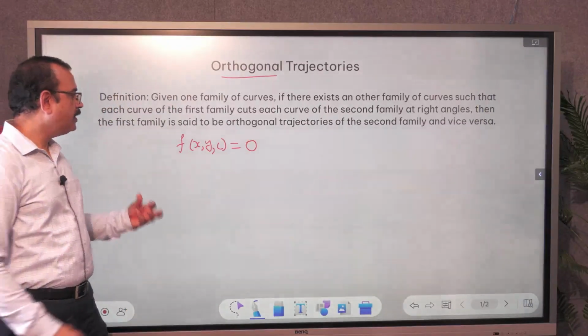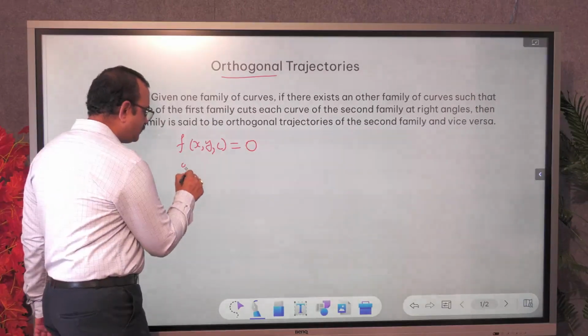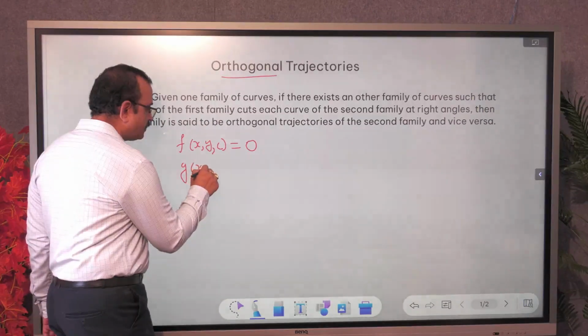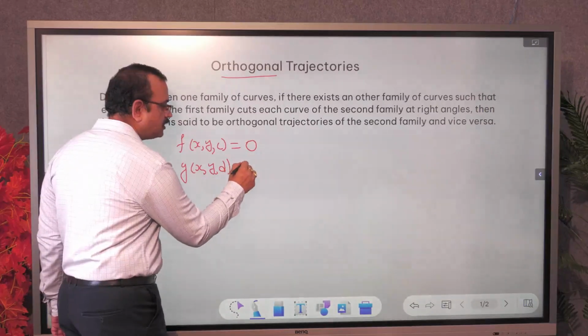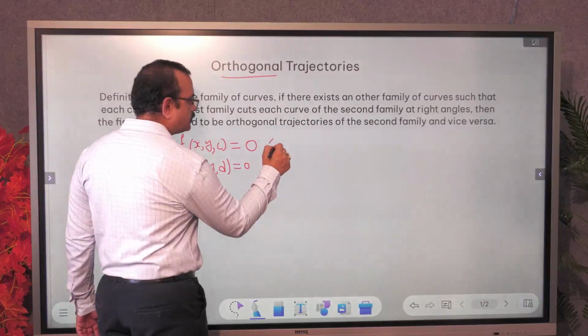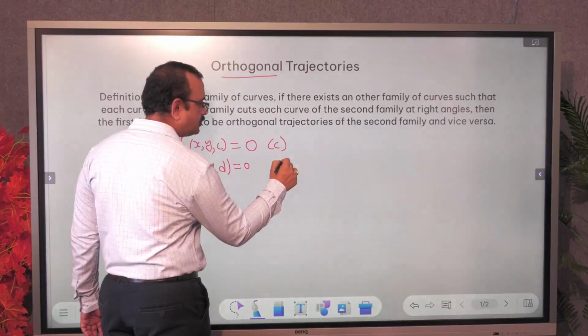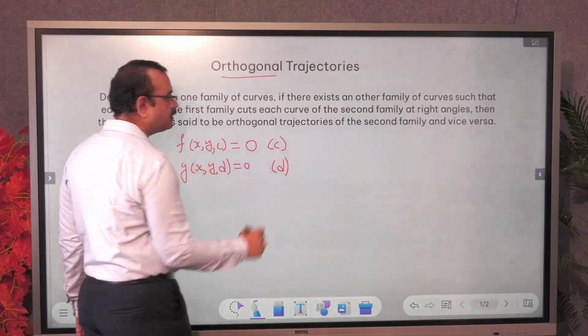Now suppose you have any other family, g of x, y, d is equal to 0, where d is also an arbitrary constant. So here c is an arbitrary constant and here d is an arbitrary constant.